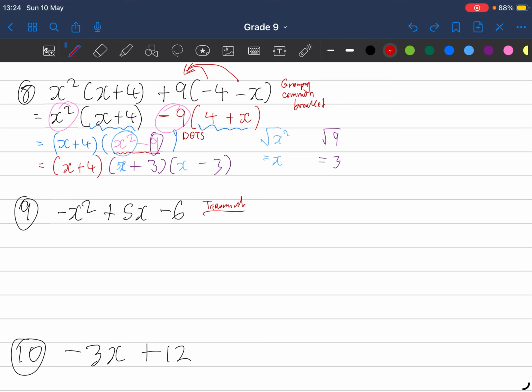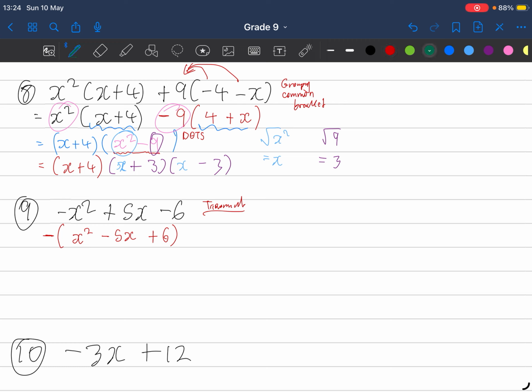And how do we go ahead and get that? Well, we factor out a negative sign, which you've seen before. Now when you take out a negative from an expression, what happens to the expression? All terms in the expression, their signs change. So a negative x squared becomes a positive x squared. A positive 5x becomes a negative 5x. And a negative 6 becomes a positive 6.